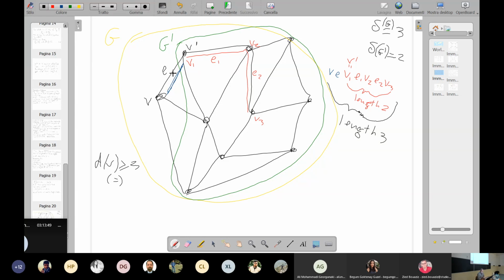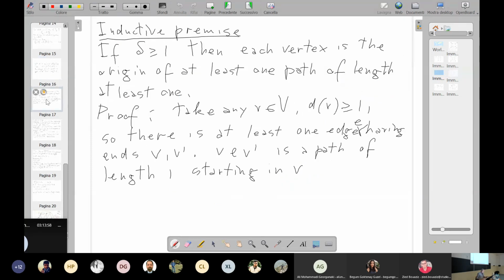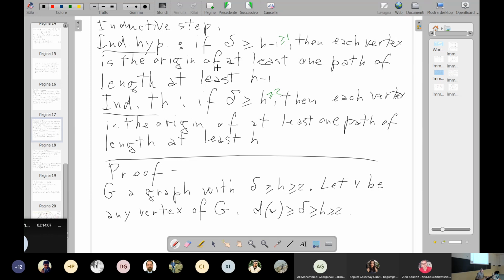This is the problem with examples. Examples can be very useful, but can be very misleading. What I know is all here. I have the inductive step. All that I know is that if I have small delta greater than or equal to h minus 1, then each vertex is the origin of at least one path of length at least h minus 1.